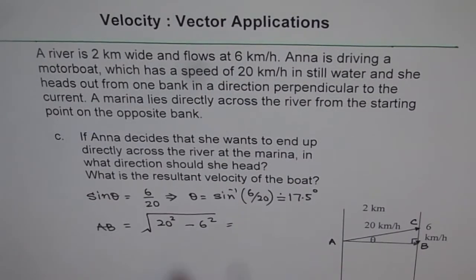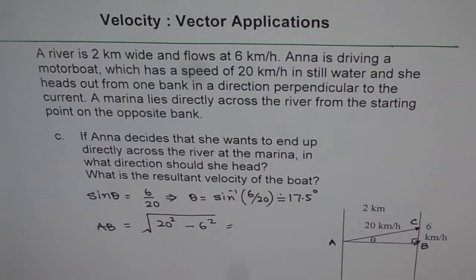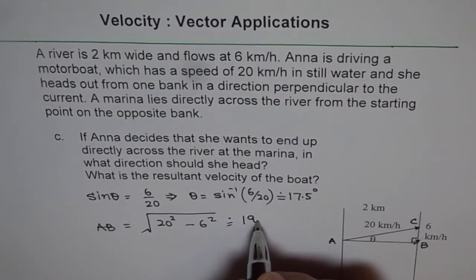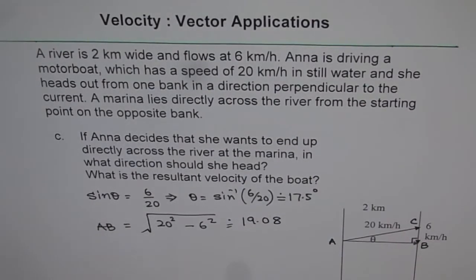If we use the calculator, 20 square minus 6 square, equals, and square rooted, we get our answer as 2 square root 91, which is 19.0787. So I'm writing this as approximately 19.08, right? So that is the velocity, correct?